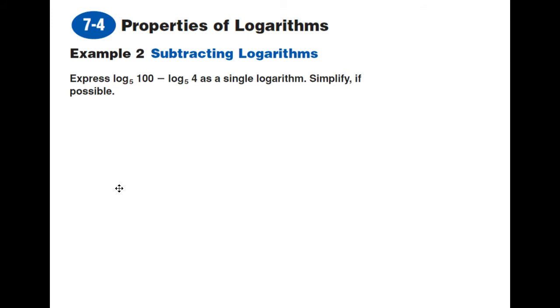The next rule is when we subtract logs. Again, if you're going to master this one, you need to write down: when we are subtracting 2 logs that have the same base, we're trying to simplify them as a single log. So the first thing we're going to do is divide the numbers.